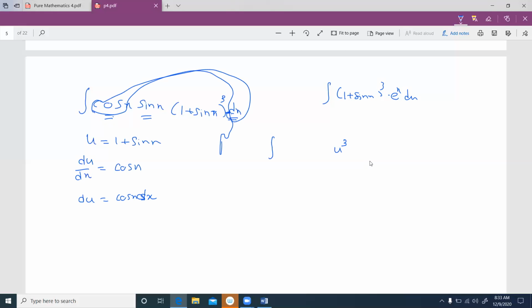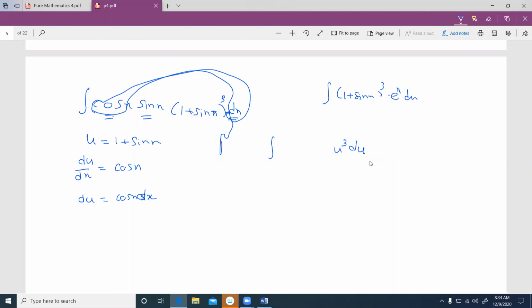So instead of that whole thing, you can put du. Here, if you differentiate this function you get cos x, so cos x dx is du. So the entire cos x dx you can replace with that.